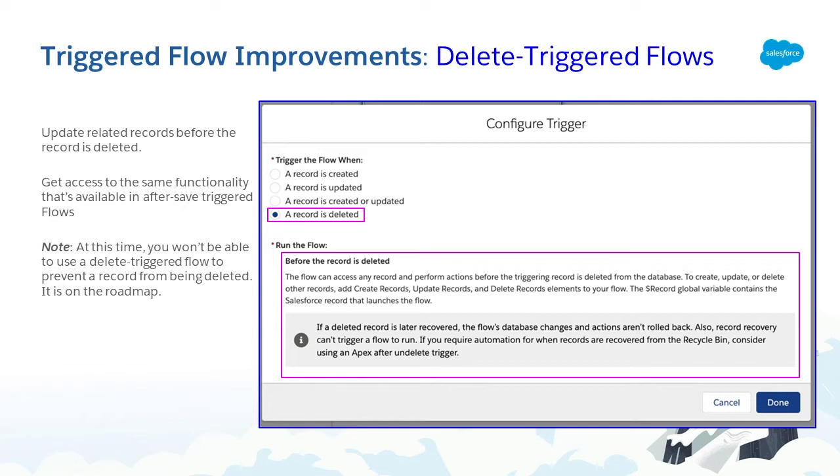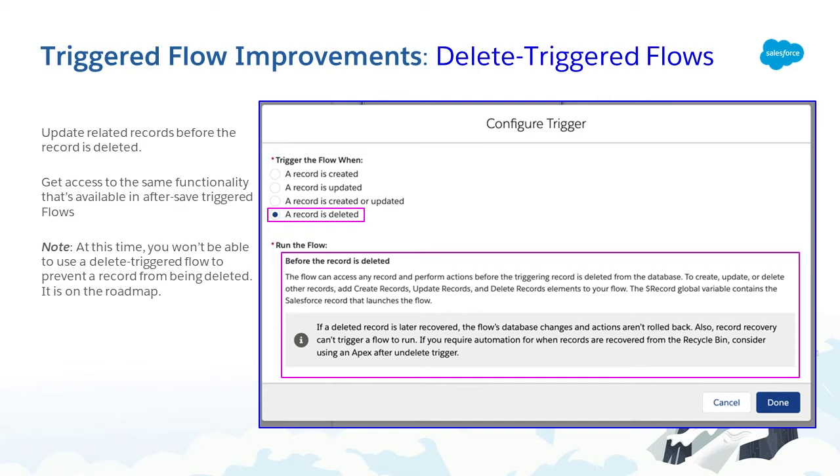One use case that is not currently supported for before-delete triggered flows is you can't use a before-delete triggered flow to stop someone from deleting a record. This is something you can achieve with Apex using the add-error method, but we have not yet provided a no-code equivalent. Furthermore, you will find that trying to call add-error from a triggered flow by invoking an Apex invocable method will not succeed.